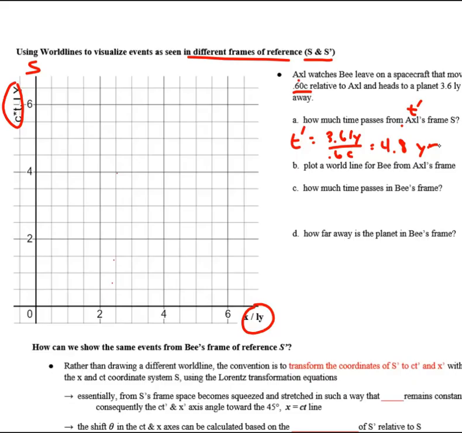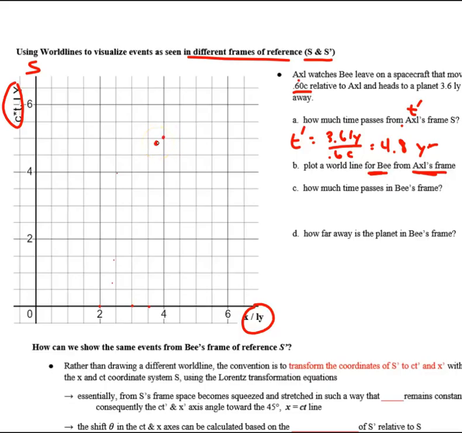So now we want to plot the world line for B from Axel's frame. Axel's frame is the rest frame, so this is pretty straightforward. We have two coordinates. We have a position coordinate, 3.6, so 2, 3, 3.5, and we found that it took 4.8 years. So I'll go up to 4, 5, so it's going to be right around there.